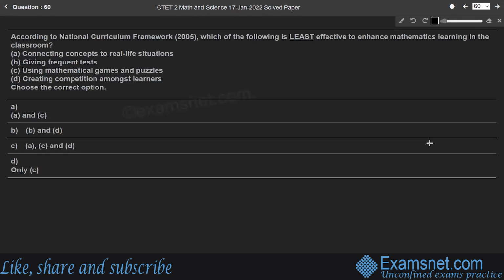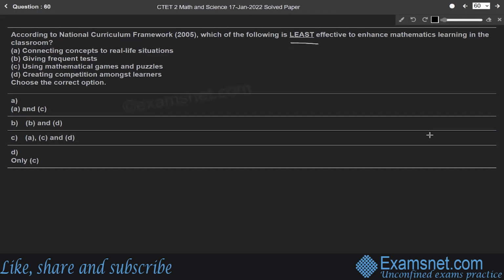Question 60. According to National Curriculum Framework 2005, which of the following is least effective to enhance mathematics learning in the classroom? Connecting concepts to real-life situations, giving frequent tests, using mathematical games and puzzles, creating competition amongst learners. Choose the correct option.